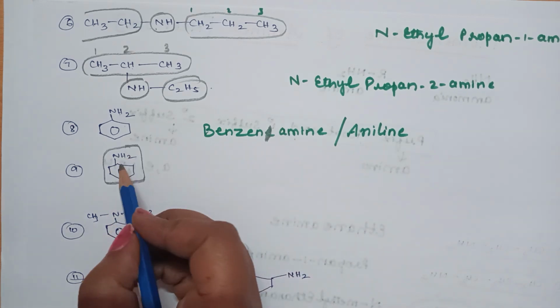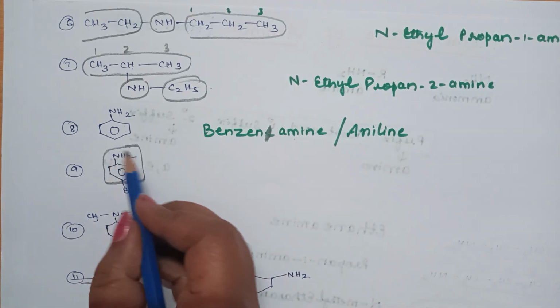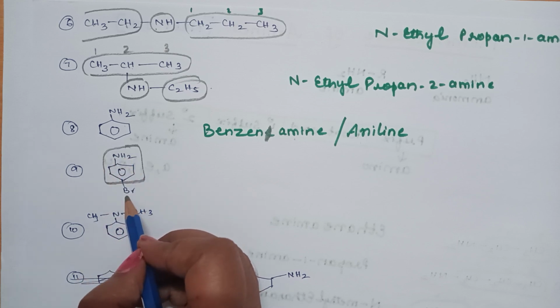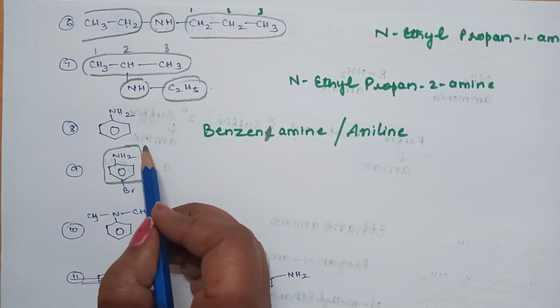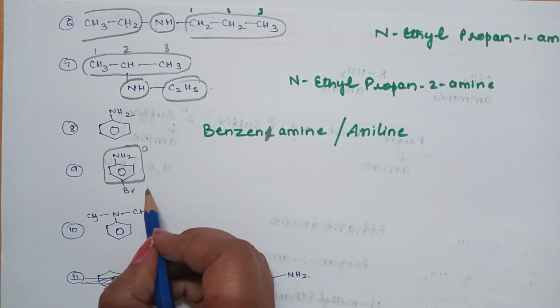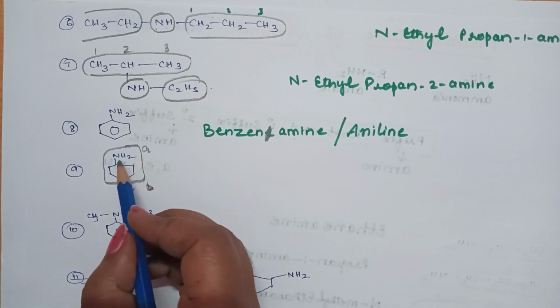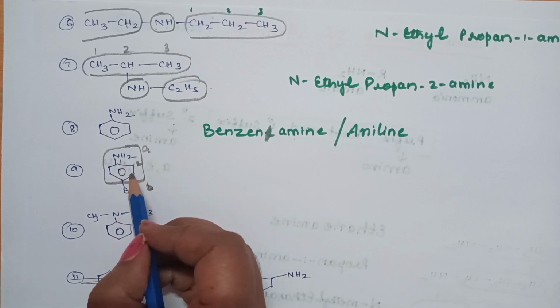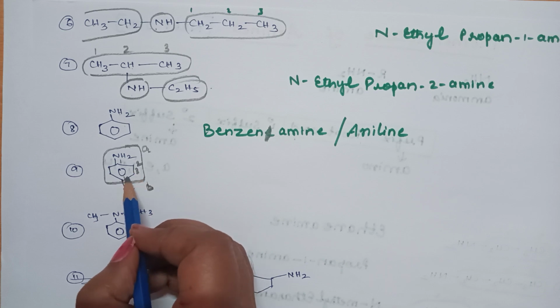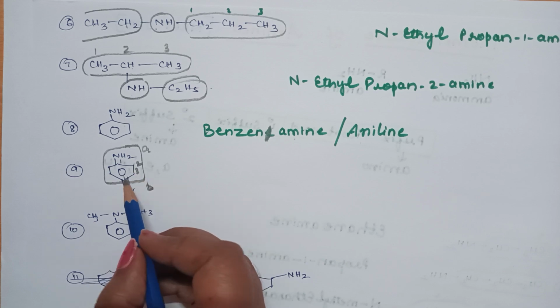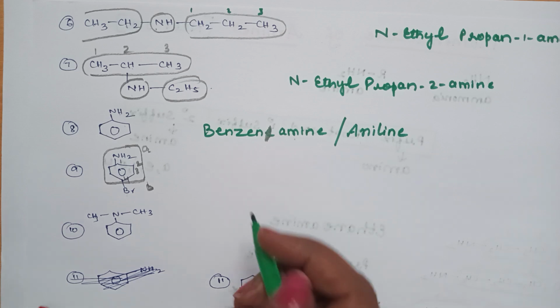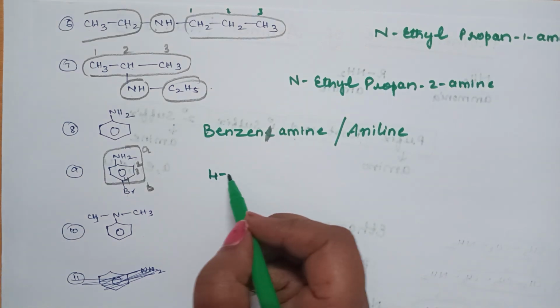Next example. Here you can see again this is similar to this benzenamine, or you can write aniline. Here start numbering from here. You have an amine group, you have a bromo group. From where you have to start numbering: amine starts with A, bromo starts with B, so alphabetically you have to number. This is carbon 1, carbon 2, carbon 3, carbon 4. The bromo group is attached to carbon 4, so it becomes 4-bromo.